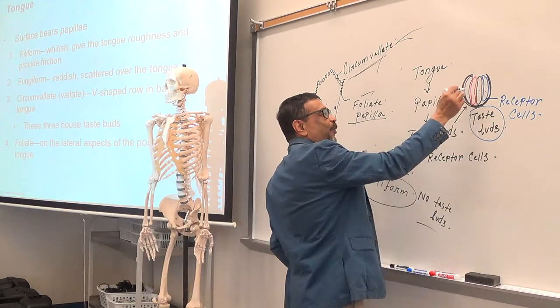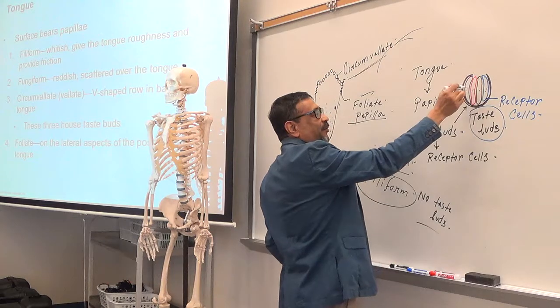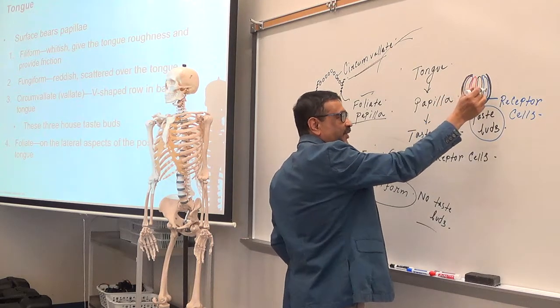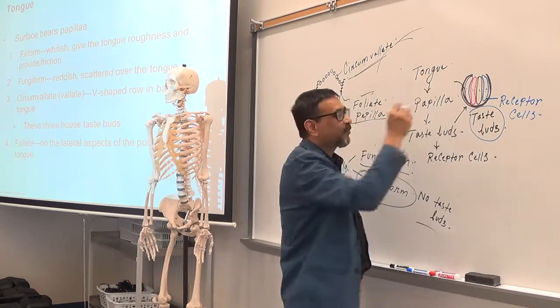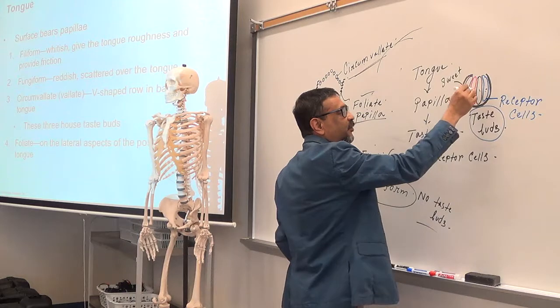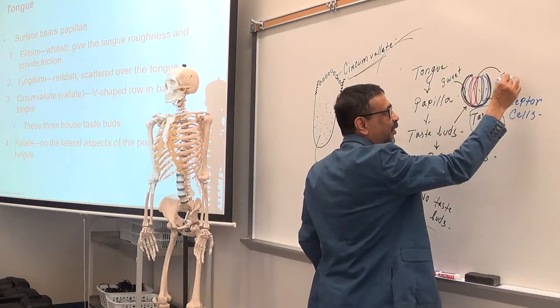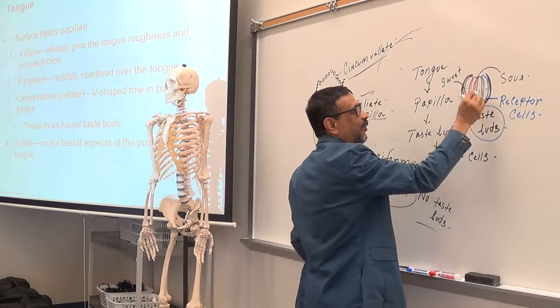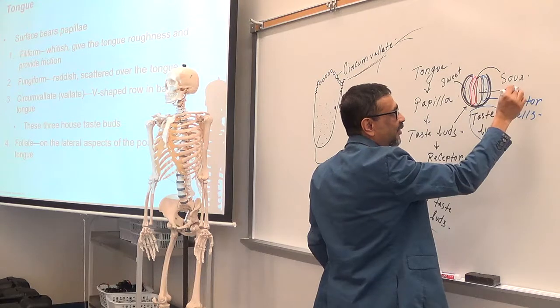Now, you see, these receptor cells are for different types of tastes. For example, this one is for sweet. This one is for, give me another taste, sour. This one is for bitter or salty.